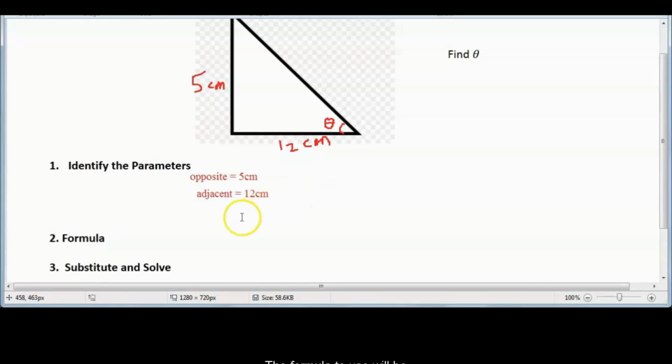Okay, the formula to use will be tan theta is going to be opposite over adjacent.